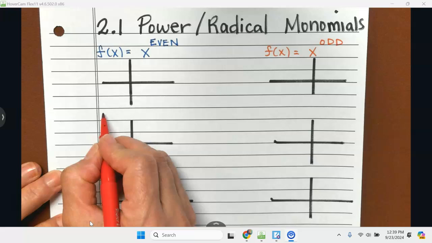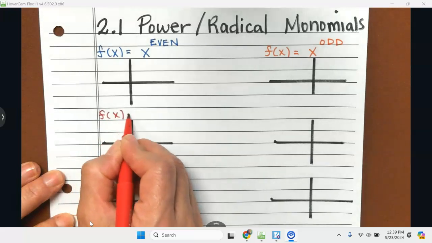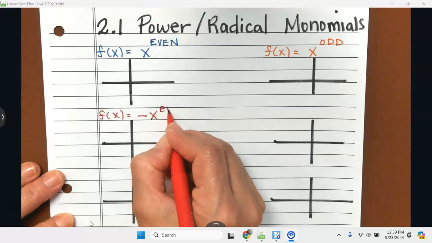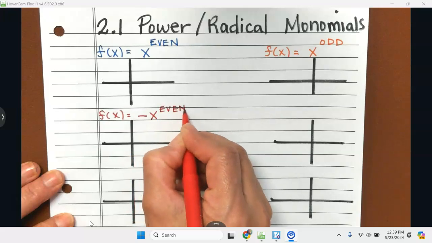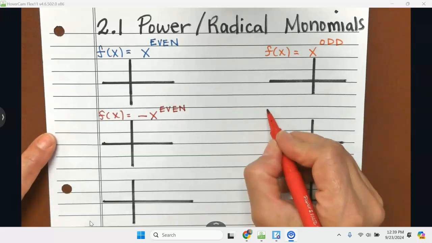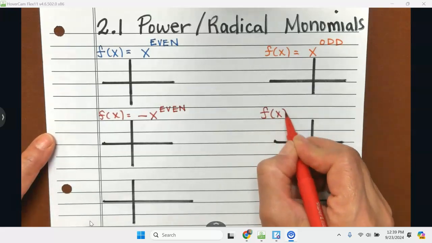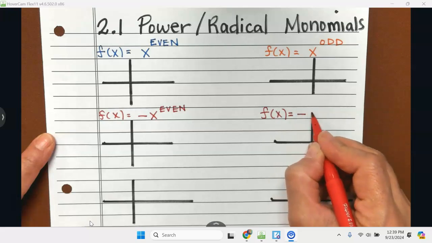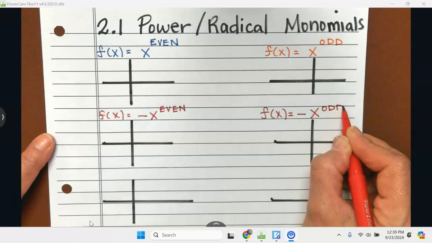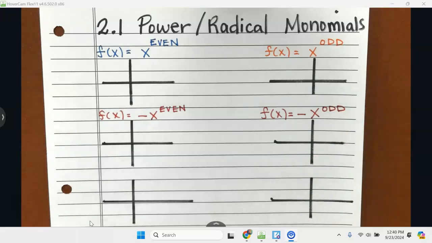So it is going to be f of x equals negative x to an even power. And then f of x equals negative x to an odd power. And we'll talk about those roots in a moment.